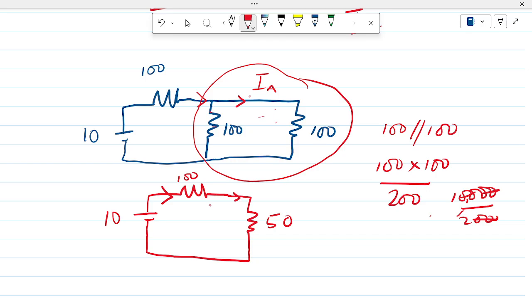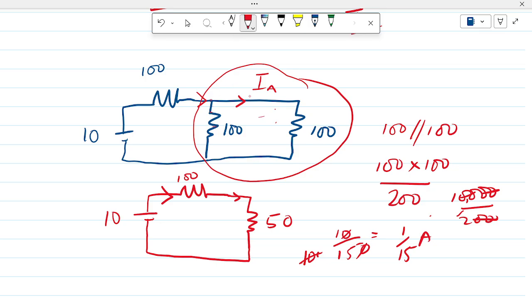We have 10 and 150, and that's 1/15 amperes.